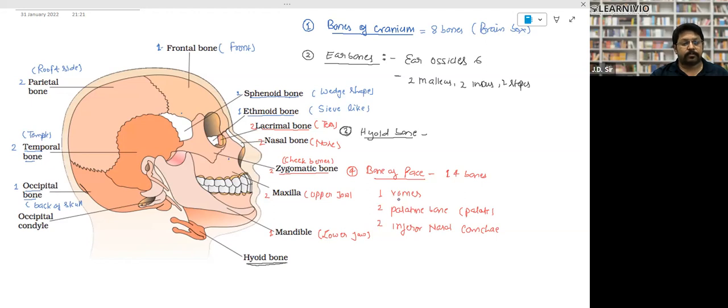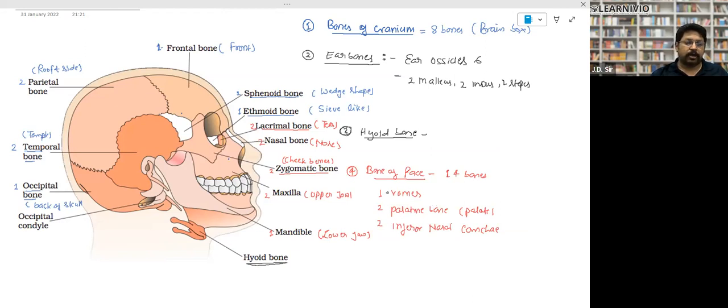Vomer, inside our mouth part. One vomer, 2 palatine bones, right? They make the palate. This part, 2 palatine bones, and 2 inferior nasal conchae. They are found inside the nose part, right? So 2 inferior nasal conchae, two palatine bones, and 1 vomer, right? So these 5 bones cannot be seen in this diagram.